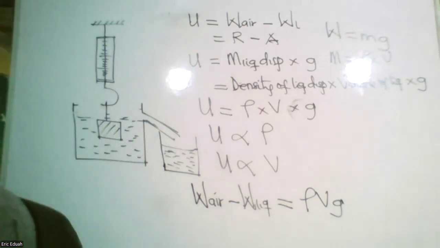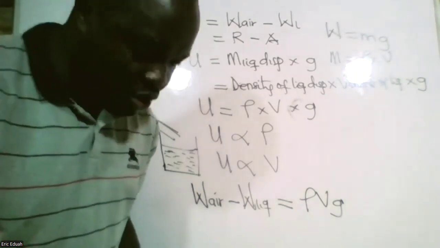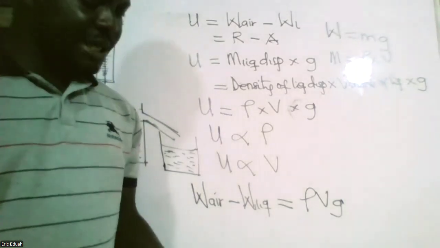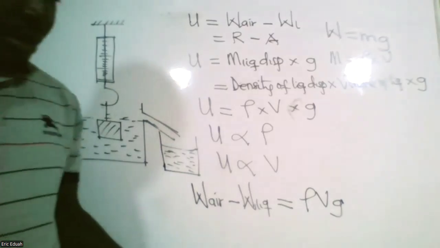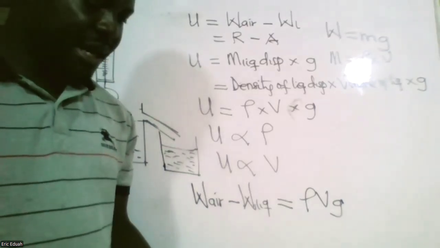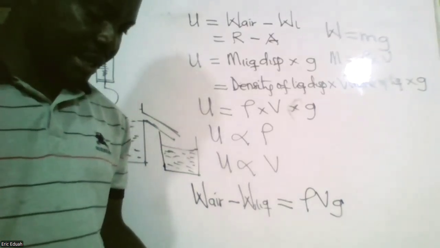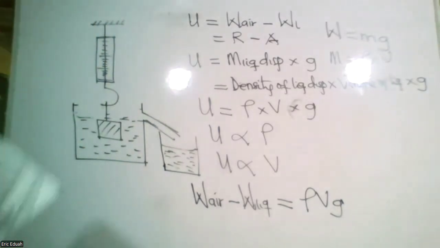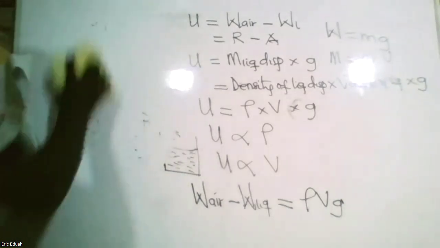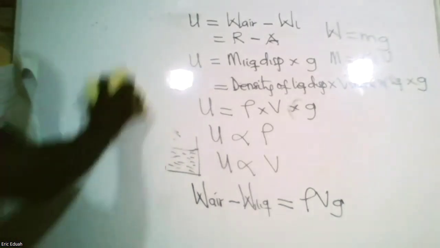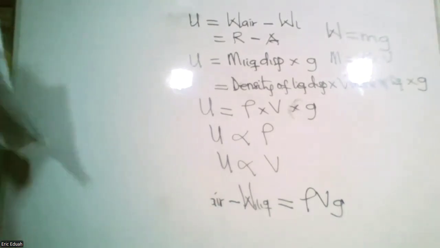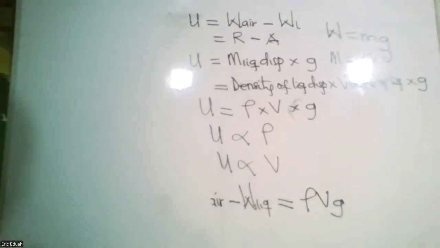All right. So let's go back and look at the question. An object of mass 80 gram and density 12 gram per cm cube. So let's put our figures. This object submerged in liquid has a mass of 80 gram.